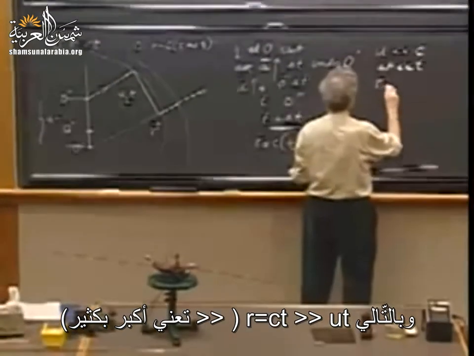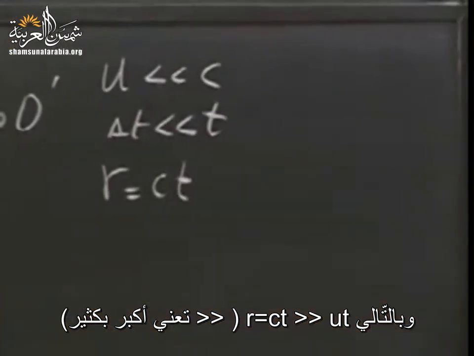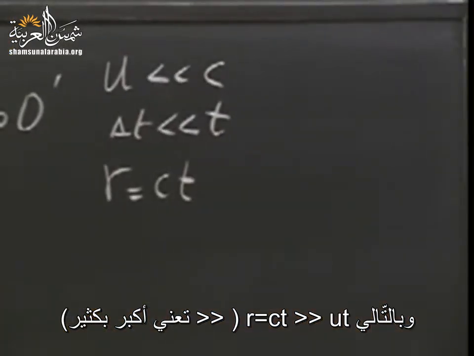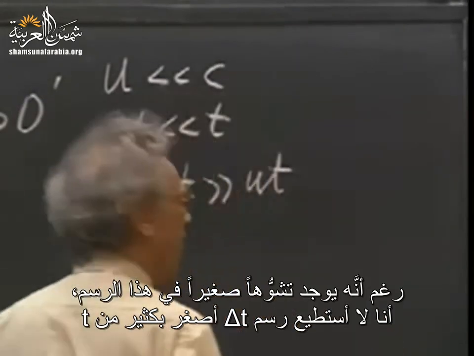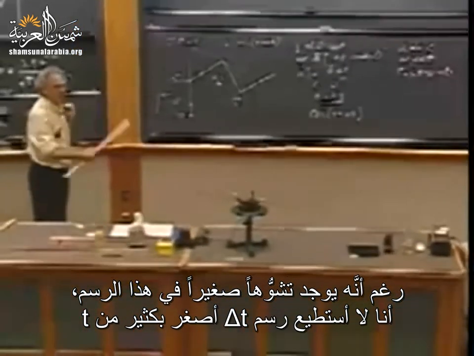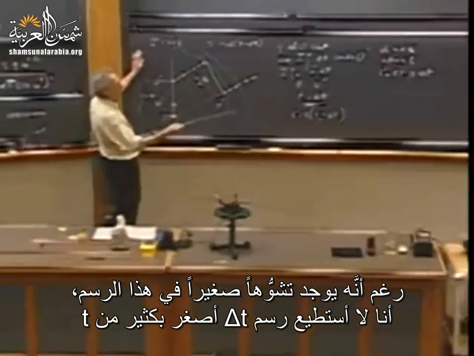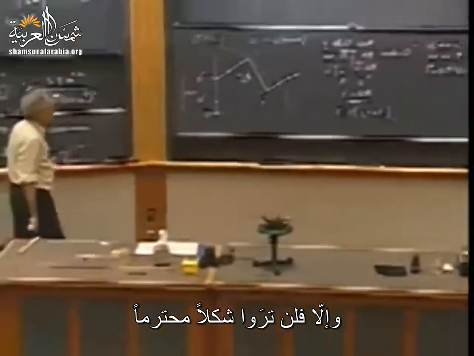And so r, which is c times t, is way, way larger than ut. So when you see a little distortion in this picture, I cannot, of course, make delta t way, way smaller than t, then you wouldn't see any decent picture.